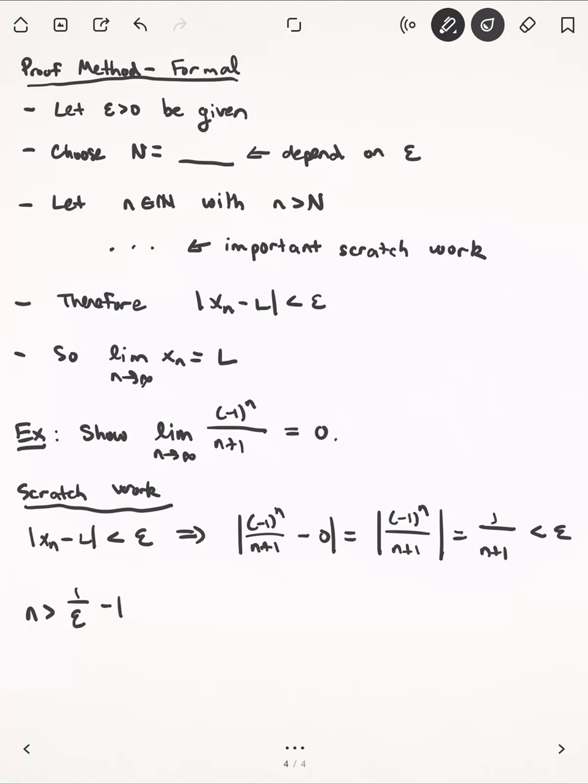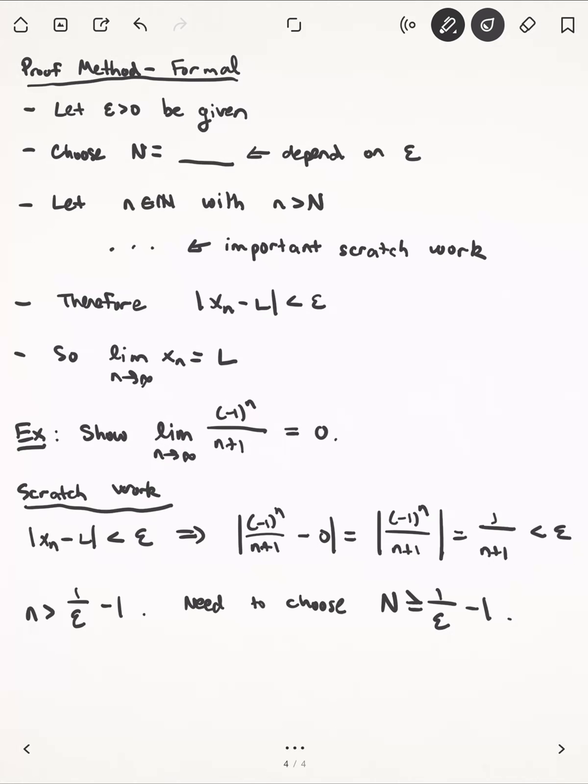And so this little scratch work here shows us that we need to choose capital N equal to 1 over epsilon minus 1, or bigger than or equal to 1 over epsilon minus 1, because 1 over epsilon minus 1 might not be a natural number. So we just need to choose the natural number N to be bigger than 1 over epsilon minus 1.